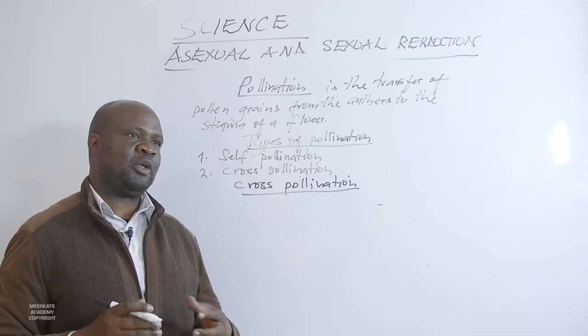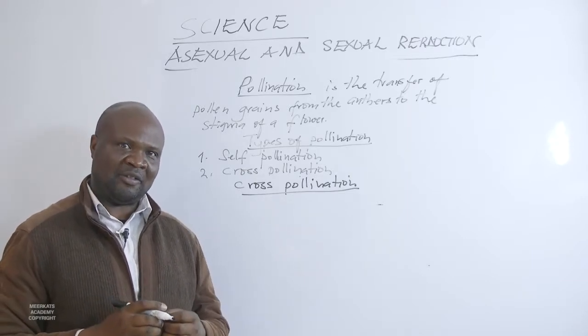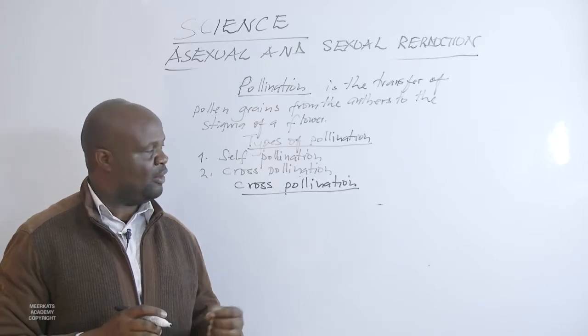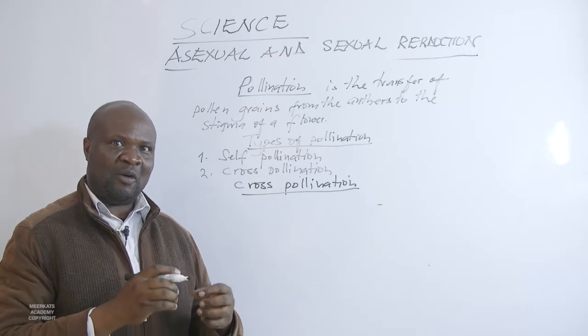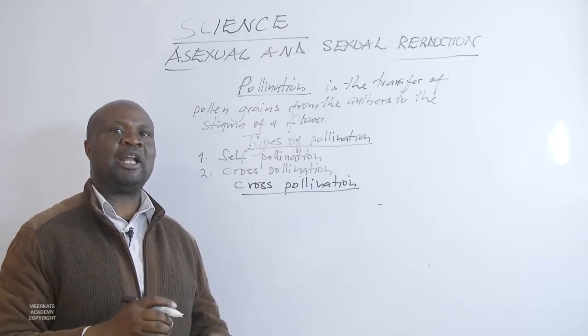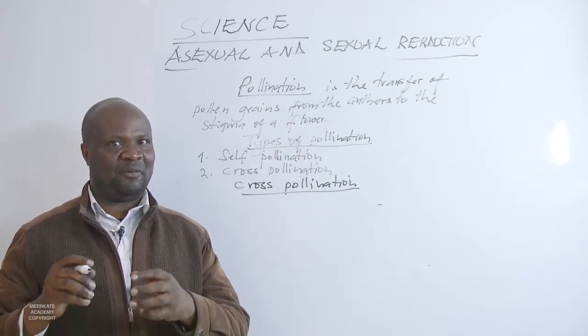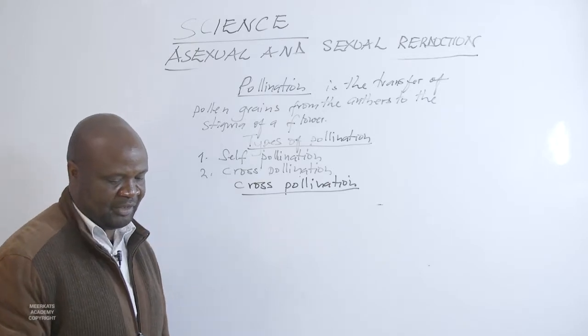We shall try to explain what we are saying. It is the transfer of pollen grain from the anthers of a flower in one plant to the stigma of another plant of the same family. We can have this writing.